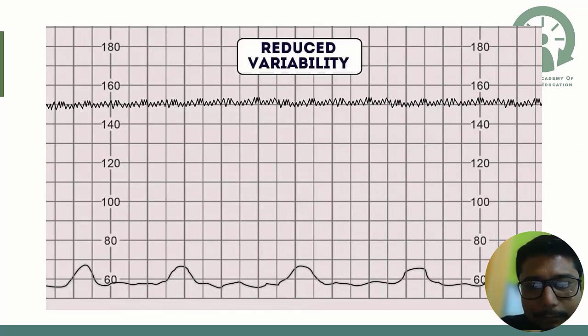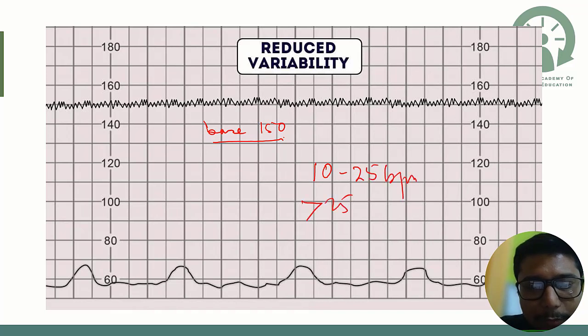So now if you see this one, there is a clear-cut baseline of 150, right? The variation you can see is very less, right? So this is a CTG of reduced variability. We call normal variability 10 to 25 beats per minute.